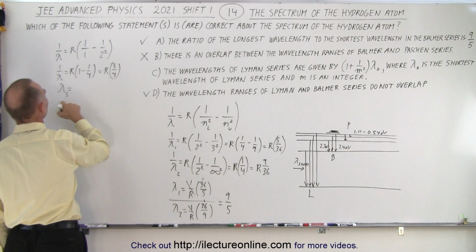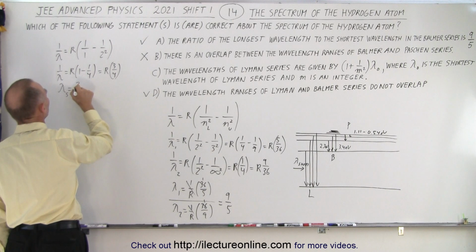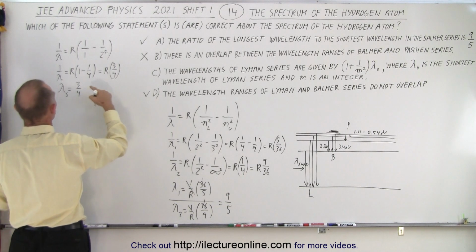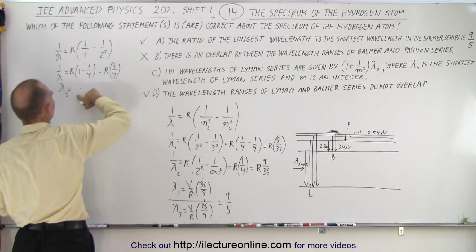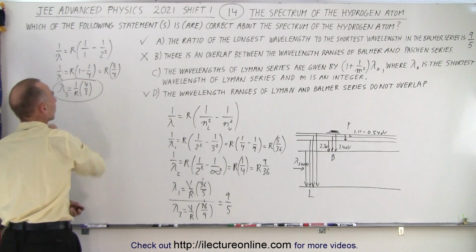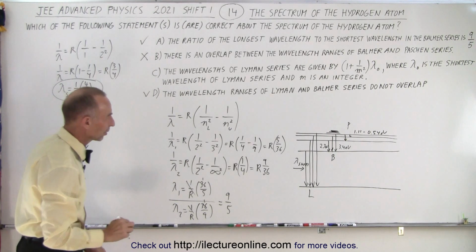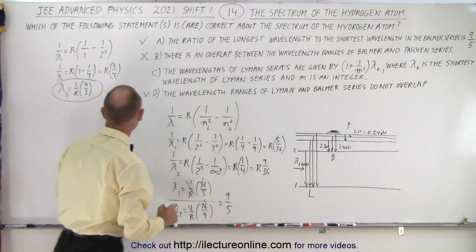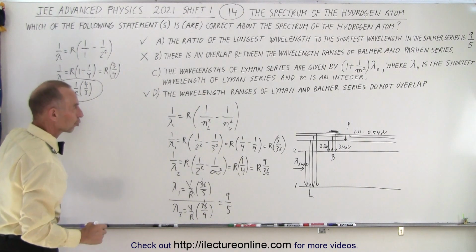So the shortest wavelength would be equal to, because I took the inverse, 1 over R times 4/3. So this is the shortest wavelength of the Lyman series. That's when we jump from the second energy level down to the first energy level, and that's what we get here for the shortest wavelength.